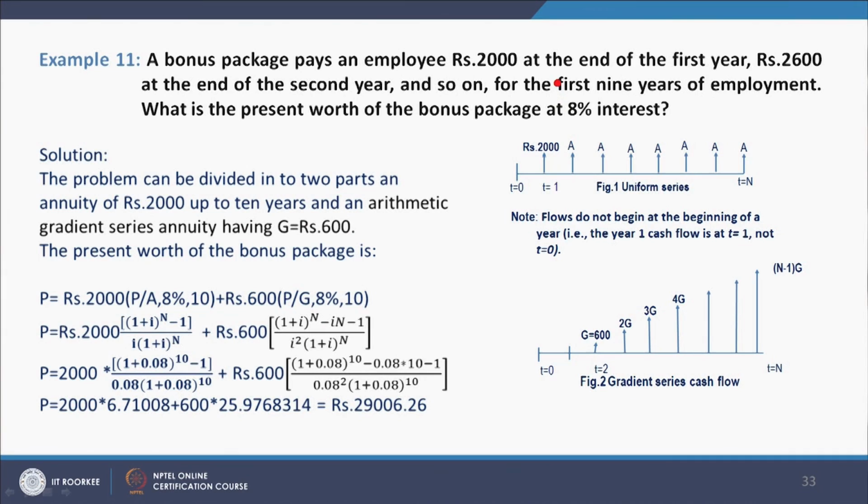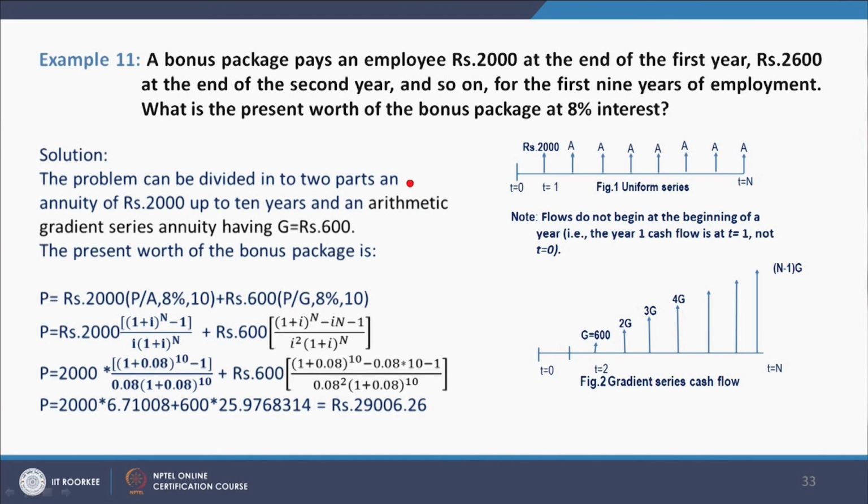So, this can be converted into two series. One series has 2000 at t equal to 1, 2, 3 and so on up to t equal to n, and then 2600 minus 2000, that is 600, starts from t equal to 2 and then grows up to (n minus 1) g.